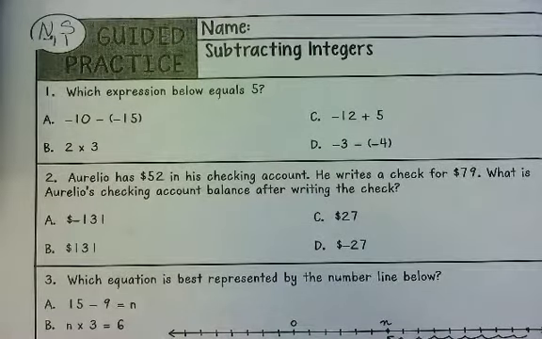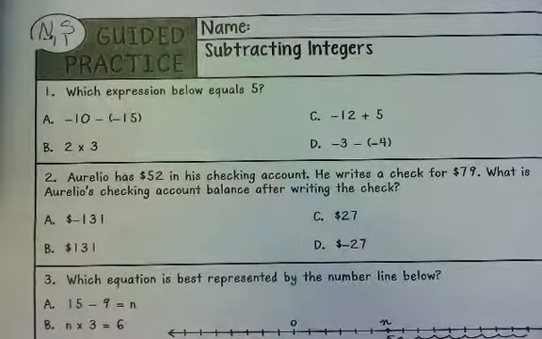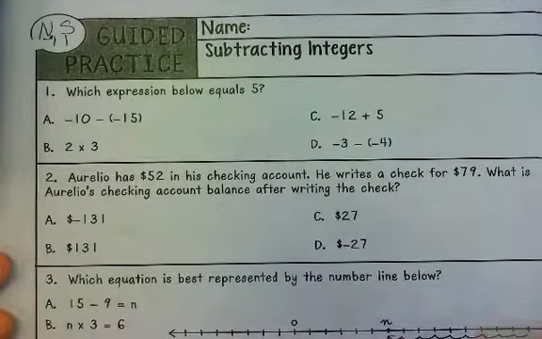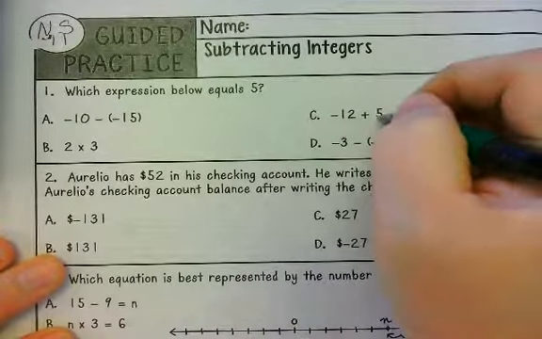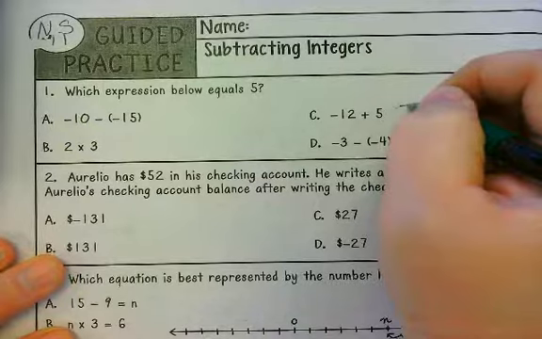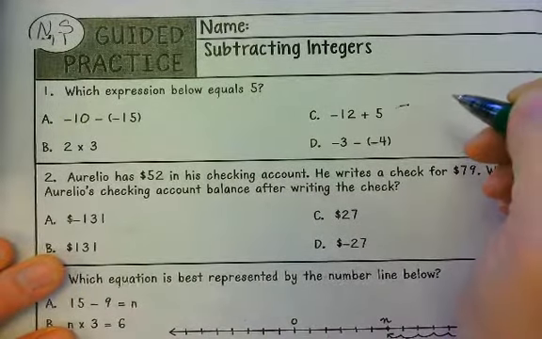So, which expression below equals 5? Negative 10, let's see. We can figure out each one of these. Let's see, we have a negative 12 plus 5.